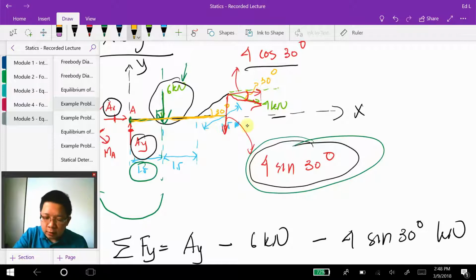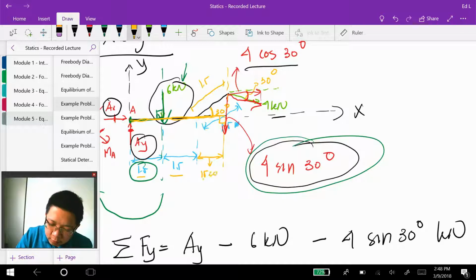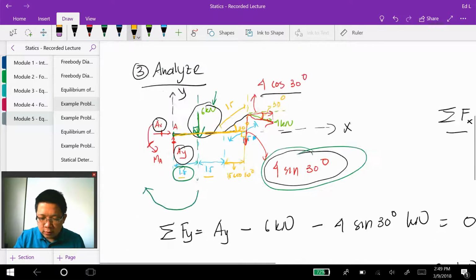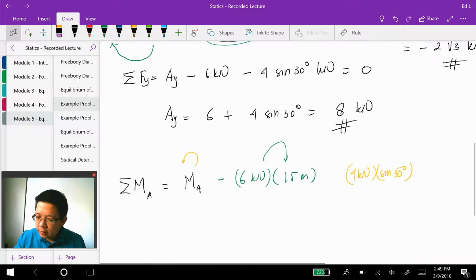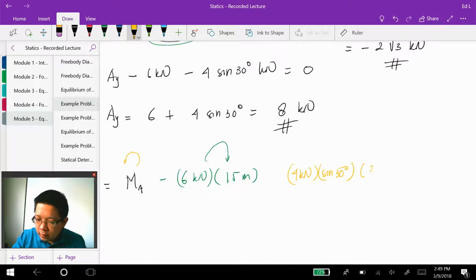This is the line of action, and this is the perpendicular distance. So the distance is 1.5 plus 1.5 plus 1.5 cosine 30 degree. Let me write it down in here: multiplied with 3 plus 1.5 cosine 30 degree.